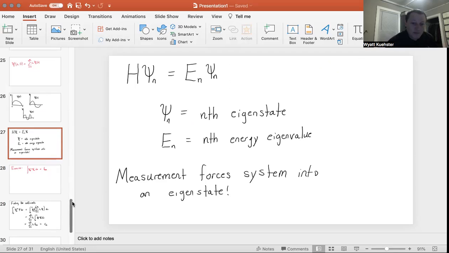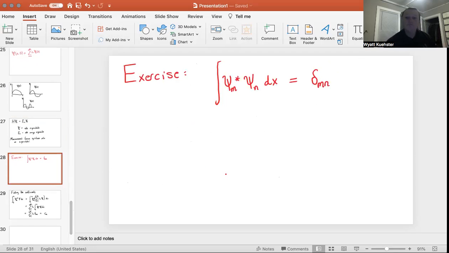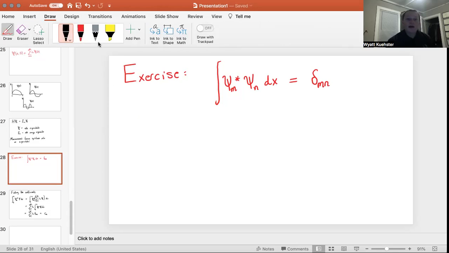Now, an exercise for you is to show that the eigenstates are orthonormal with respect to the inner product that we talked about. Remember, we have an inner product on the space of square integrable functions from 0 to a.